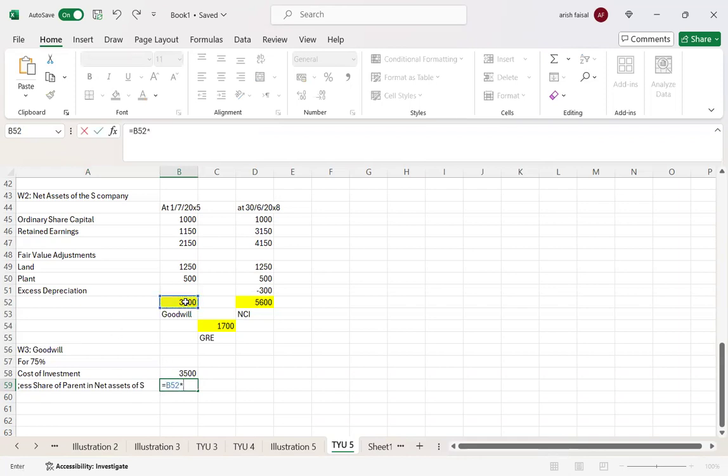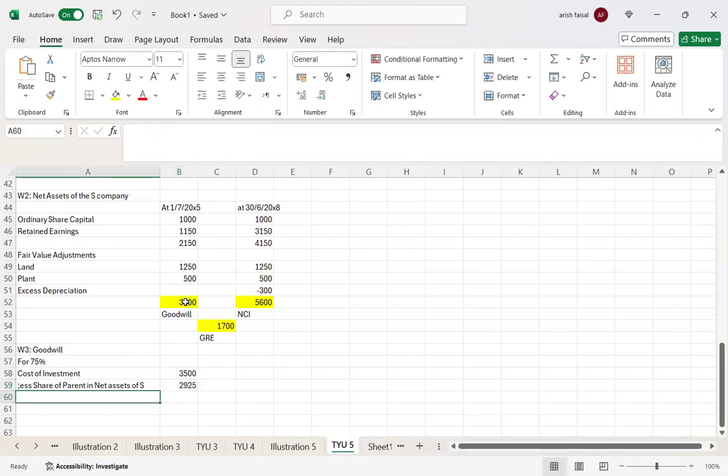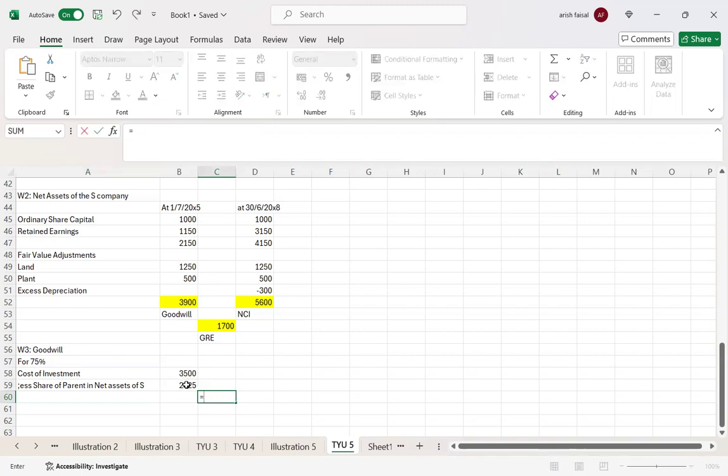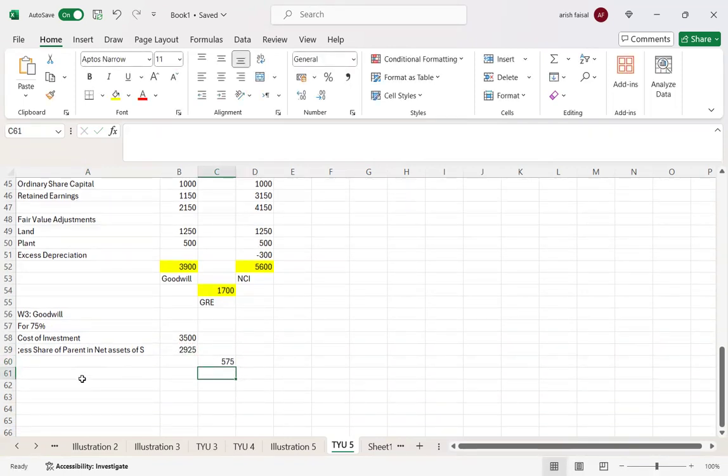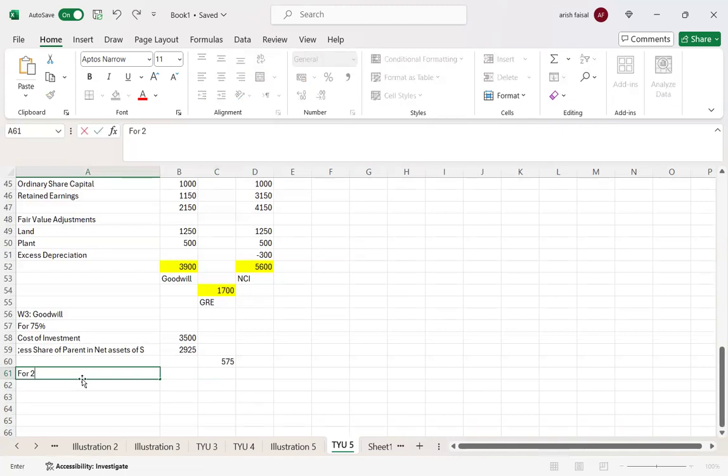From that 3,900, we have acquired 0.75. But the payment we are making is 3,500. So we are paying them an extra, and that extra is basically considered your goodwill. Okay. So the goodwill which belongs to the controlling part is 575. But then you can also find out the goodwill for the other 25 percent.